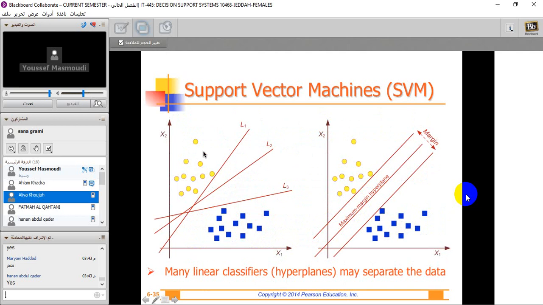So the support vector machine has a lot of points, and you need to find the best hyperplane. So you may find this hyperplane, this one, but which one is the best? Okay, let's say that L2 is the best. After that, we need to maximize this margin.